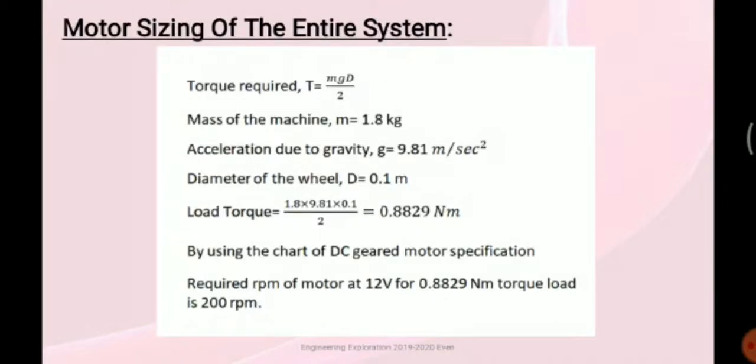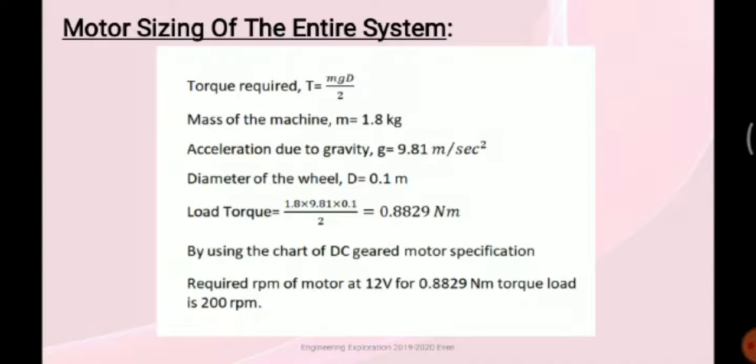Motor sizing of the entire system: torque required is equal to mass of the body times gravitation times diameter of the wheel, whole divided by 2. Mass of the machine is 1.8 kg, acceleration due to gravity is 9.81 meters per second squared, and diameter of the wheel is 0.1 meter.